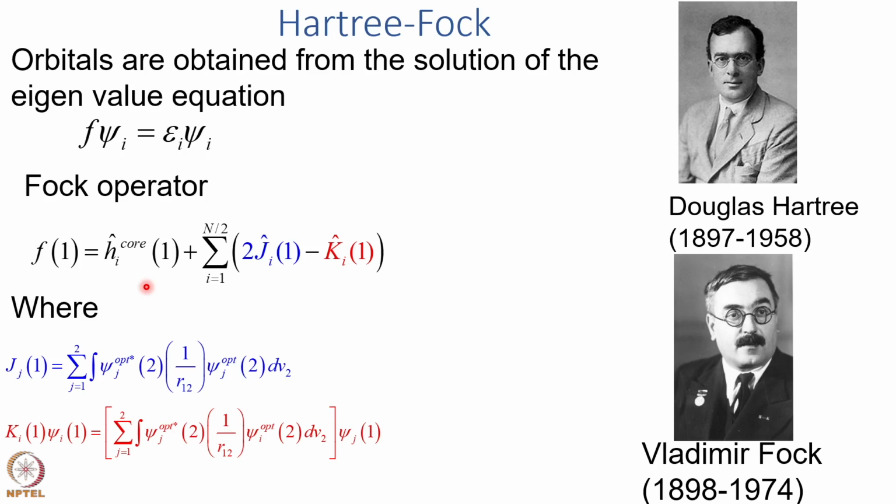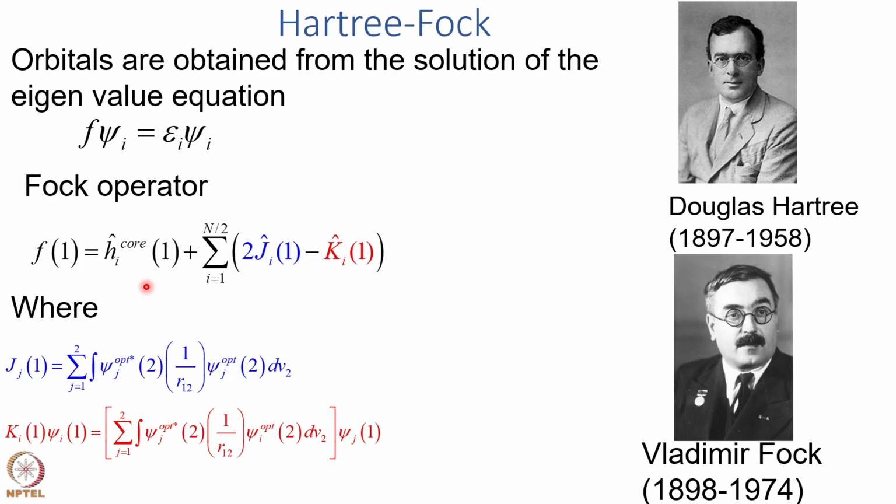First of all, what am I physically doing? I cannot solve for the eigenvalues of the exact Hamiltonian, which has two kinds of interaction. One is the 1 electron operator, electron-nuclear attraction and electron kinetic energy, and the other is the 2 electron operator, the 1 by R12 term. The problem because of which I cannot solve it exactly is the 2 electron repulsion term, the 1 by R12 term.